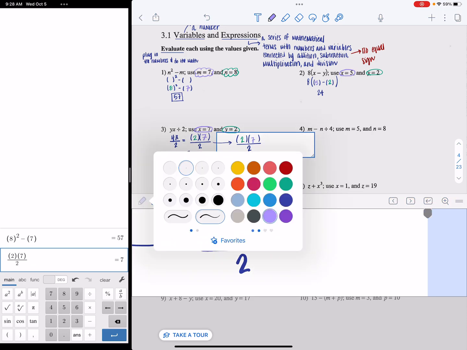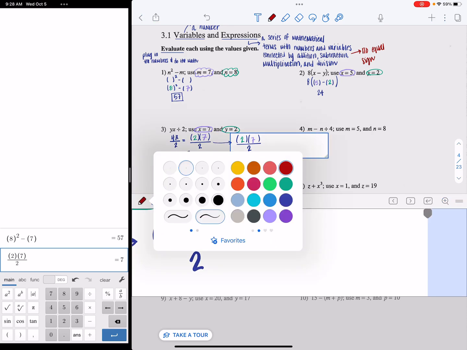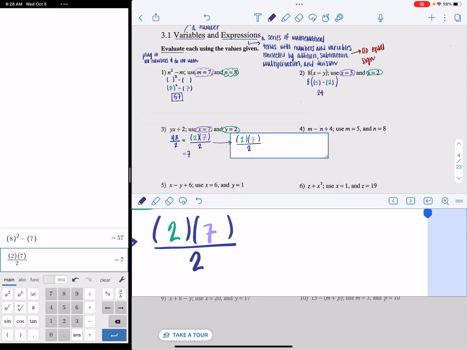Now, a long time ago, in a galaxy far away, you learned that this could be rewritten as 2 over 2 times 7 over 1.